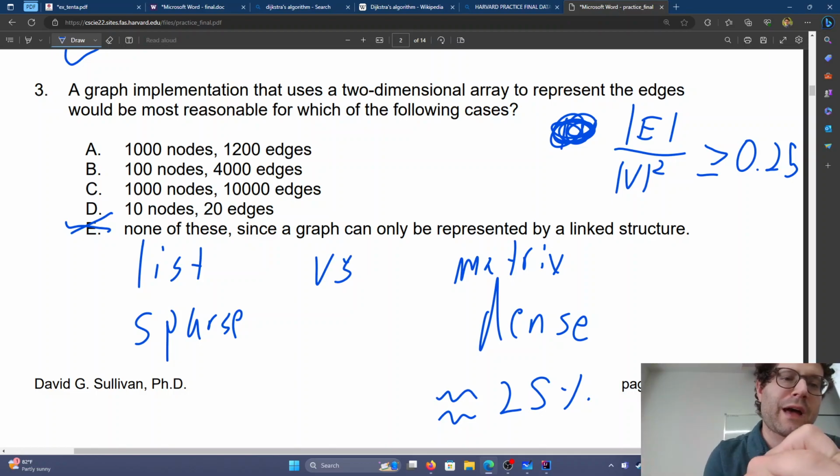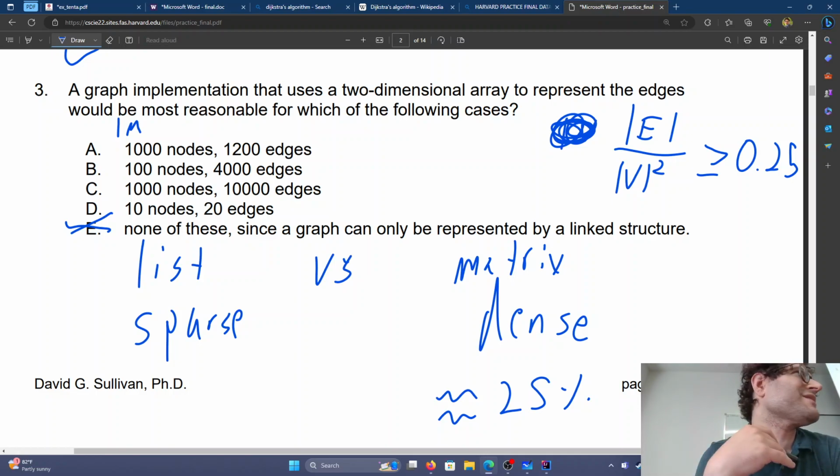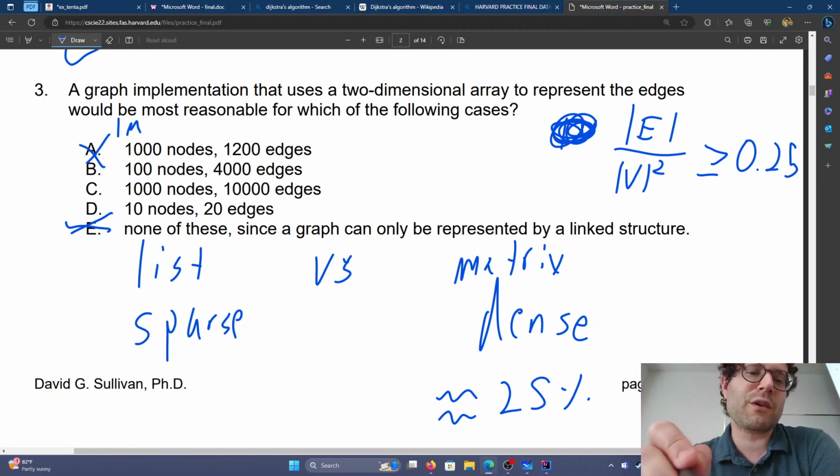Okay, if we've got 1,000 nodes, that means we've got 1 million possible edges. 1,200 edges is only 0.1% of the possible ones. So not A. 100 nodes, 4,000 edges. I like the odds a bit better here.